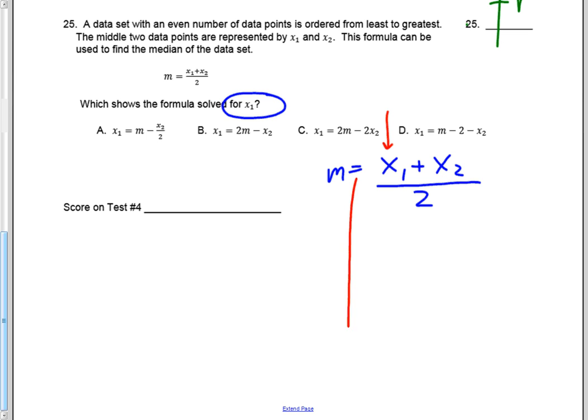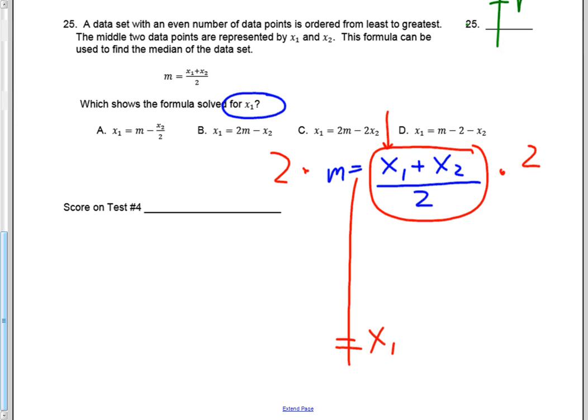So make a wall. Put down x1 equals. You've got to get rid of everything that's on that side. How do you get rid of that 2? Multiply by 2. What happens? This goes away. What's left? What's on this side? I can't do anything with it.